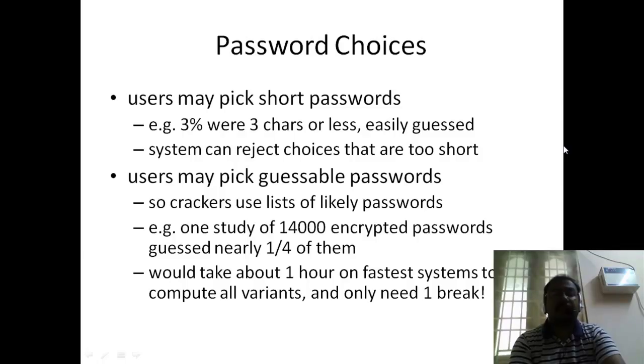For example, in a study where 14,000 encrypted passwords were tested, nearly 1/4 of them were guessed very easily. It would take about 1 hour on the fastest systems to compute all the variants, and only one break is required. So it's highly shocking to know all this information.